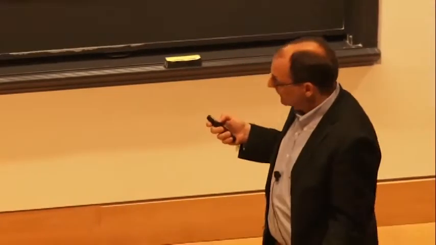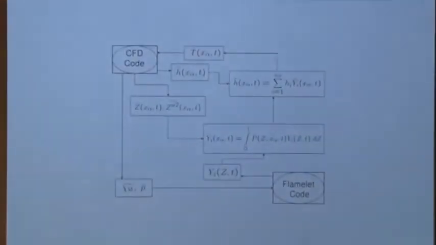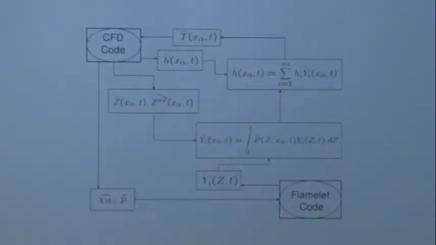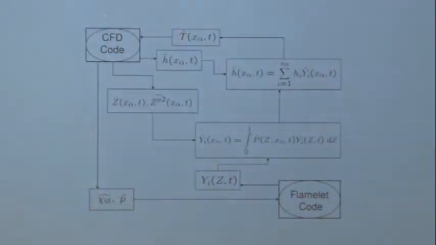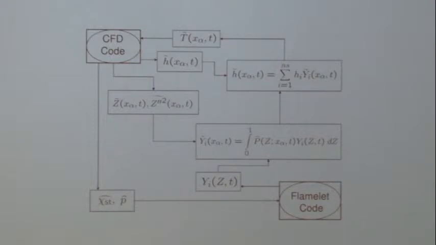If there's a small error in the temperature, doesn't it affect the chemical source dramatically? Yes, if you would use that. But this temperature is not used here in this code. This temperature is only used to compute the density and the viscosity and the mean transport properties.